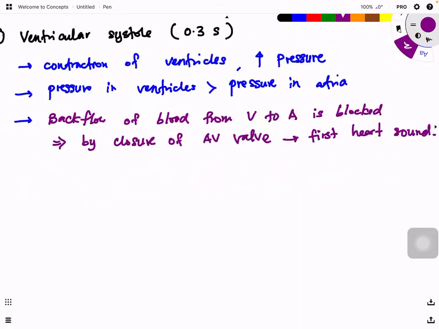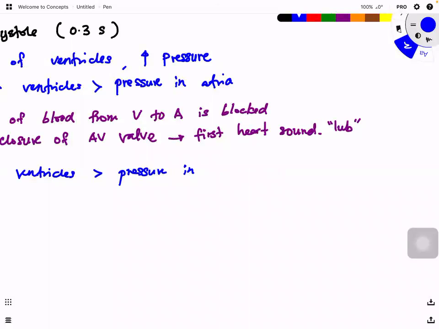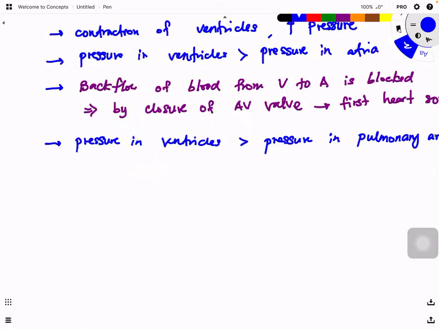Now, because the contraction slowly builds up, the pressure in the ventricle becomes higher than the pressure in the blood vessels, in either the pulmonary artery or the aorta. So what is the blood flow now?